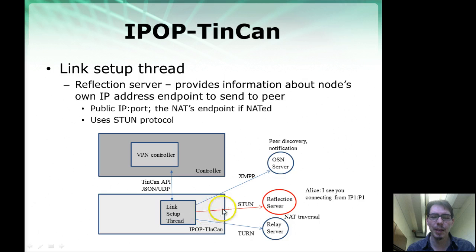So Alice will send a message to the STUN server and say, what do you see my request coming from? And the STUN server will tell her, I see you're connecting from IP and port endpoints such as this. Alice will discover that information about her NAT-mapped endpoints and will store it, so that anytime she wants to connect to somebody else like Bob, she's going to send that information along in the request message.